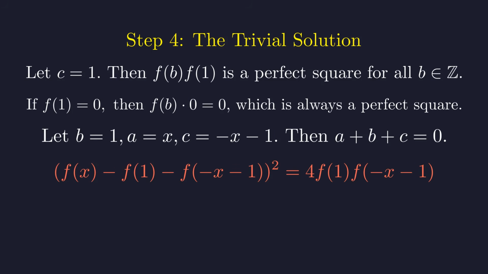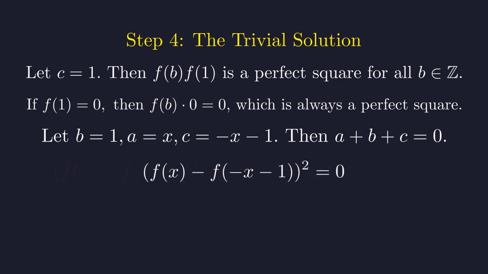Since we assumed f of 1 is 0, these terms disappear. This simplifies to the square of f of x minus f of negative x minus 1 equals 0. And since f is an even function, f of negative x minus 1 is the same as f of x plus 1. This means f of x equals f of x plus 1.